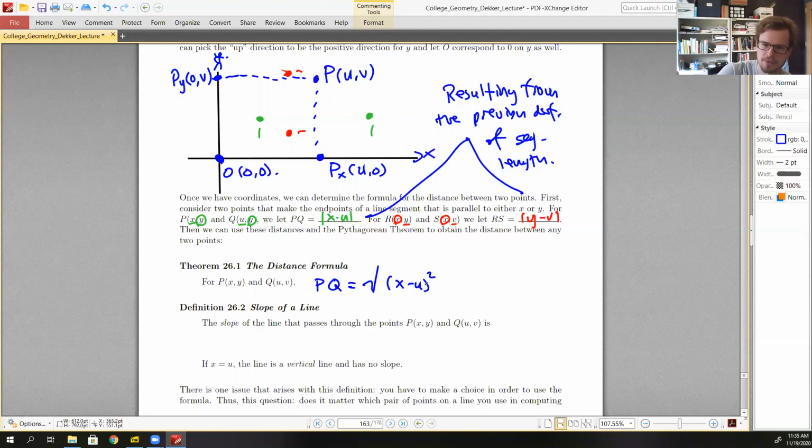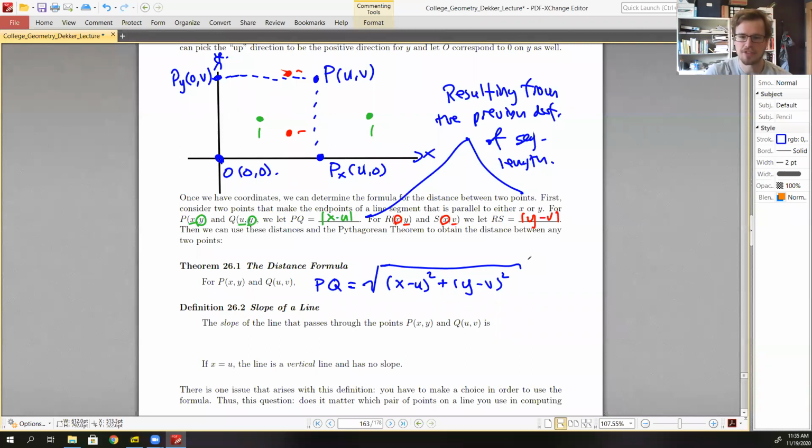If you did larger minus smaller, smaller minus larger, it doesn't matter. When you square it, it gets rid of that negative sign. And then plus the change in y values squared, y minus v, squared. And there we are.